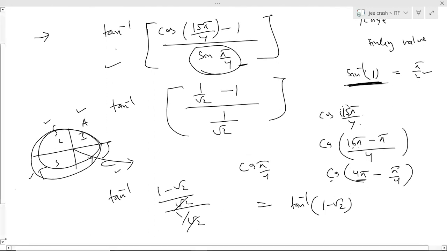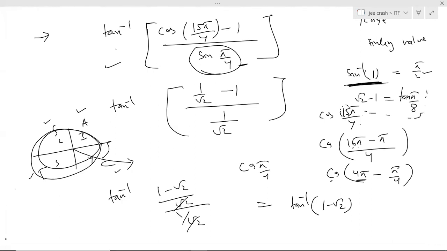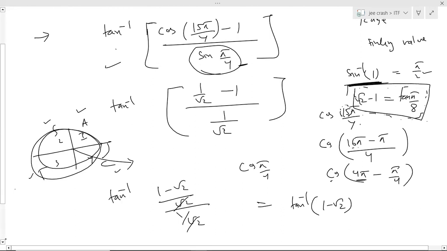Do you guys know the value of tan of pi by 8? This is root 2 minus 1. All right. So a few angles you should remember. All right. Write it down. Tan of pi by 8 is root 2 minus 1. And here we have tan inverse of 1 minus root 2.